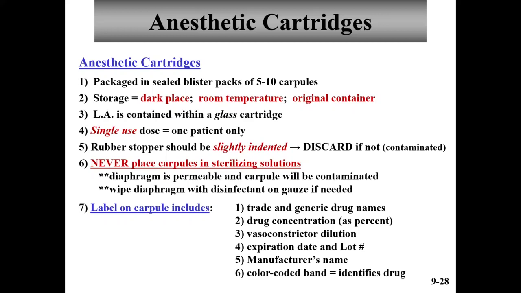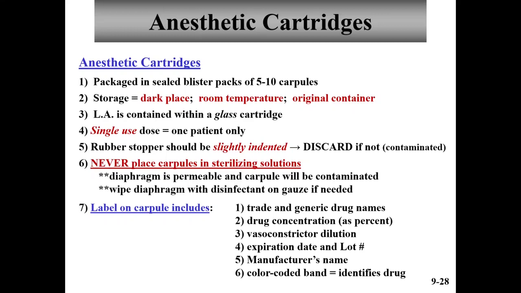These carpules or cartridges are packaged in what's called a blister pack that has 5 to 10 carpules per package. You want to store them in a dark place at room temperature in the original container. They shouldn't be taken out and stored in a drawer, although sometimes they are. I know they are. They really should not.